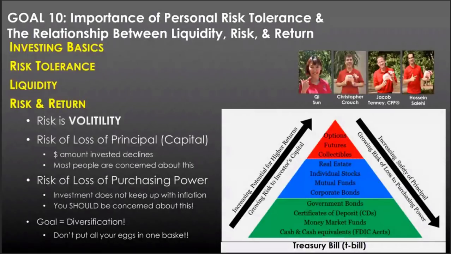The goal of all this is diversification. Basically, diversification says don't put all your eggs in one basket. Spread out your investments. If you're investing in stock, invest in at least 20 different stocks. That way, if one does really well and one does poorly, then the ones that do well will make up for it. So with diversification, you're cutting down on the number of years where you have losses.